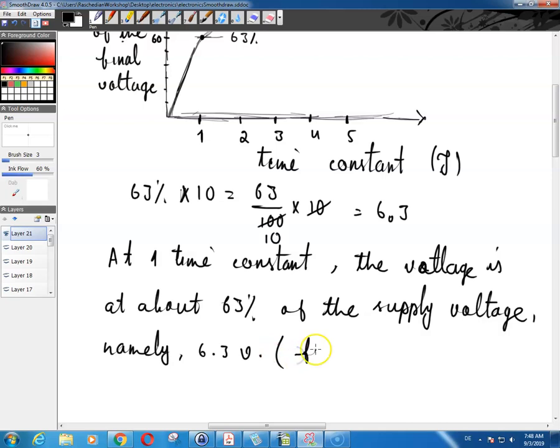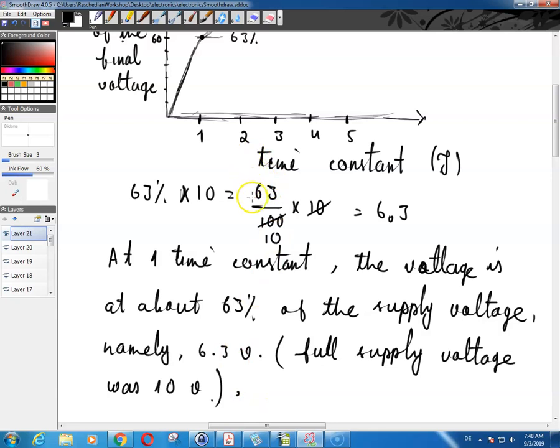And the full supply voltage was 10 volts in this case.